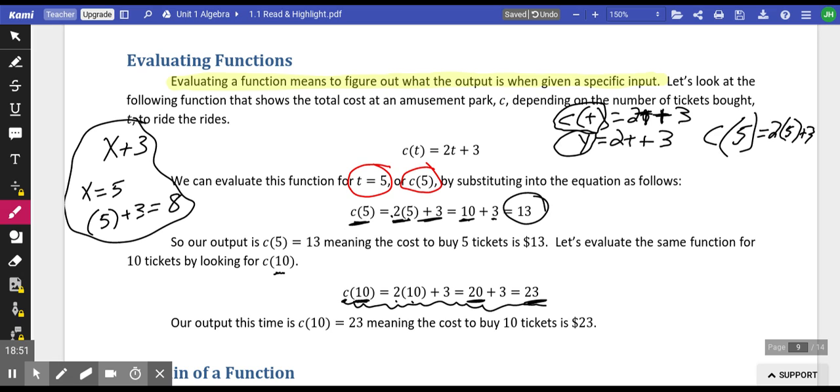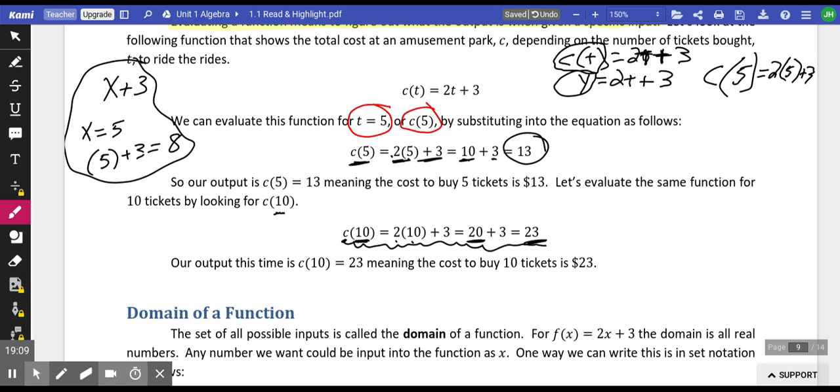And if as you're doing it, you can write things like this, that's fine. When I'm having the lesson, I'm not always doing these same problems or examples, but you may want to write some of the things that I teach you during class in these notes or in the book as well. So our output this time for C of 10 equals 23, meaning the cost to buy 10 tickets is $23.